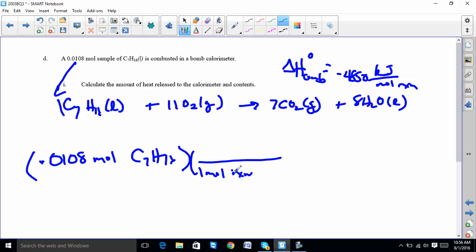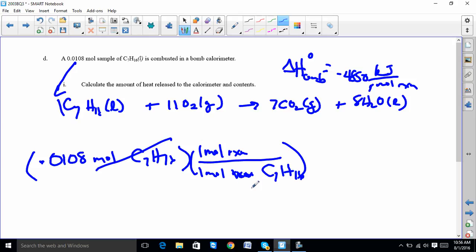And we know that if you had 1 mole of C7H16, that's what there is per mole RXN, because when this is a 1, this is an implied 1. If we were doing oxygen, it would be 11 to 1. If we were doing carbon dioxide, it would be 7 to 1. If we were doing water, it would be 8 to 1.